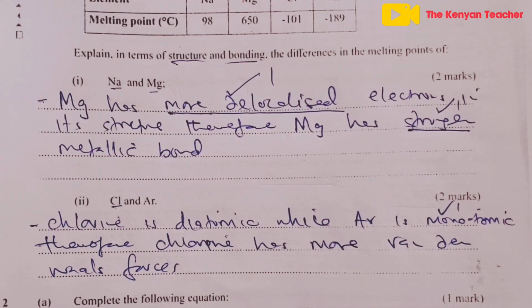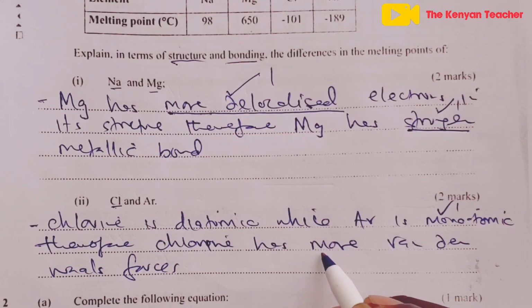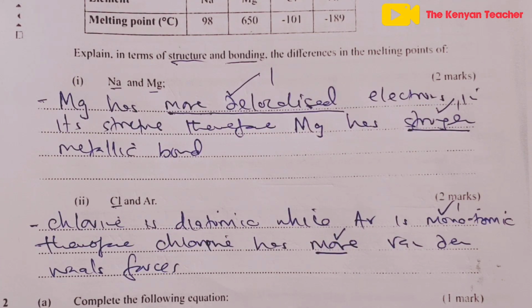as compared to argon. Now, I know many are wondering, why am I using the word more? More is chemically correct. But for those candidates who used the word stronger van der Waals forces, we also didn't deny you the mark, but please take note that talking about chlorine having more van der Waals forces than argon is more chemically correct than comparing the strength of the van der Waals force.